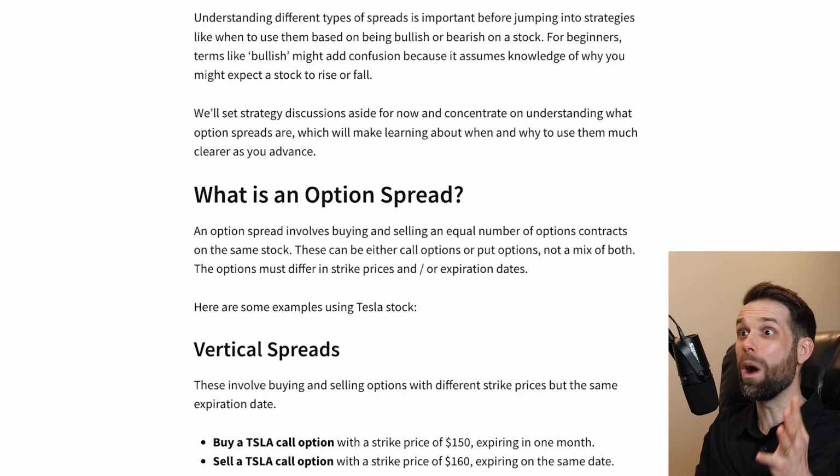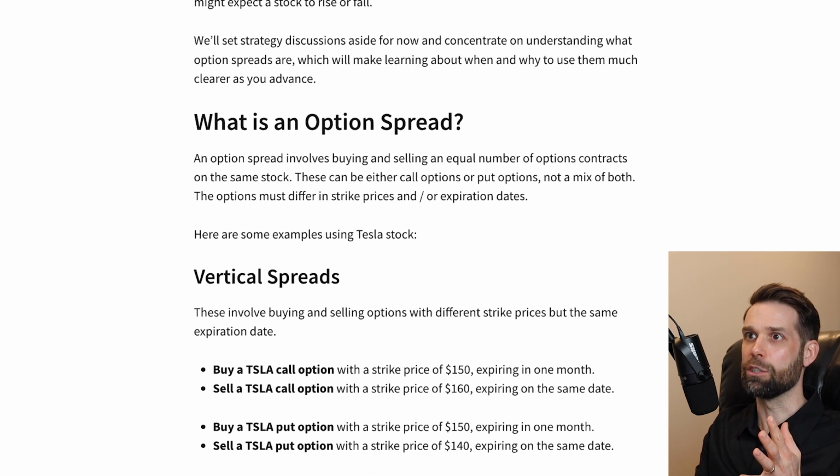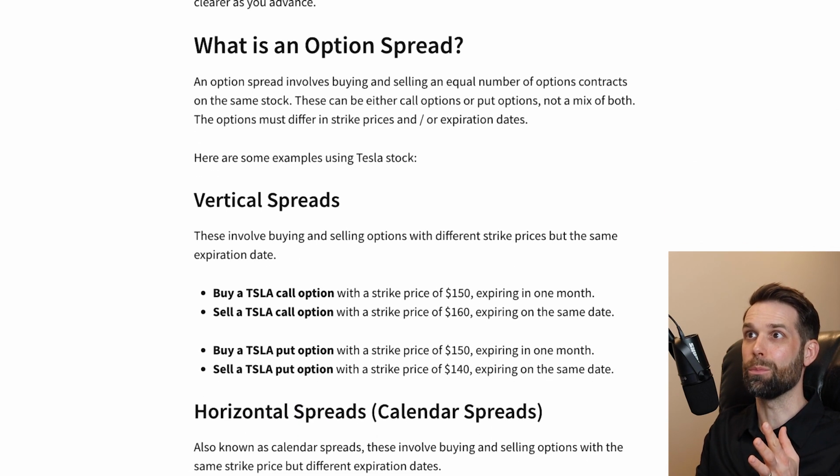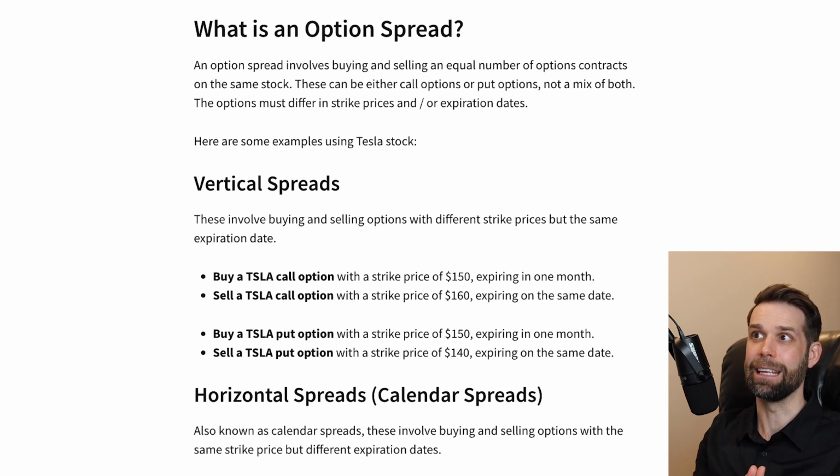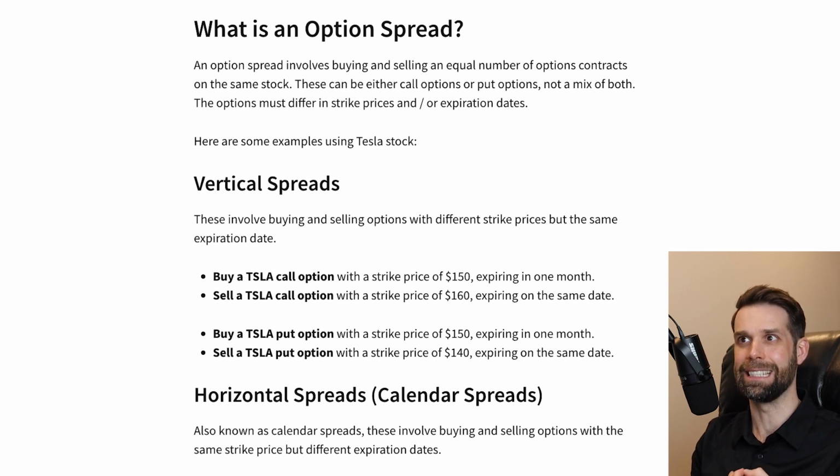So okay, what is an option spread? Basically an option spread involves buying and selling an equal number of options contracts on the same stock. This can be either call options or put options, but not a mix of both. And the options must differ in strike prices and/or expiration date.